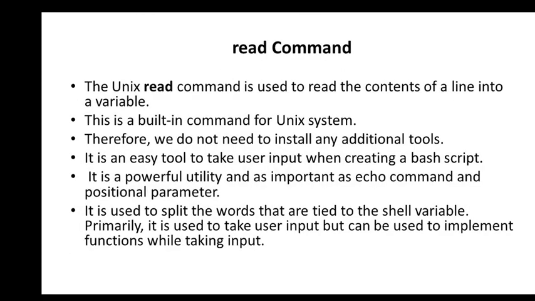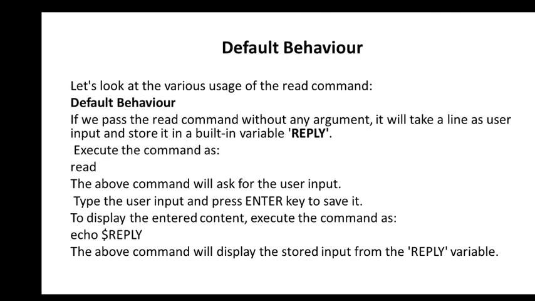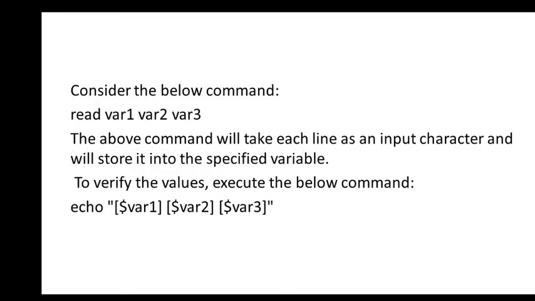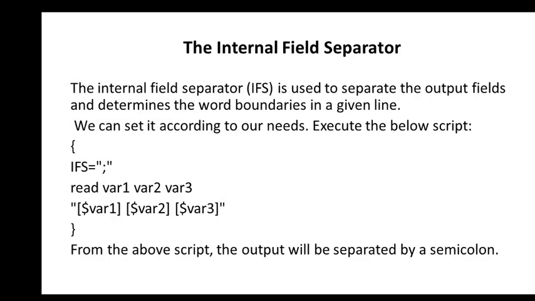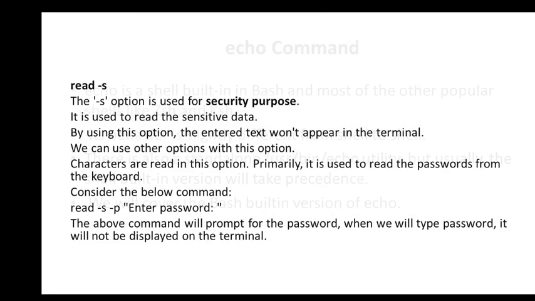This is about this session. In this session we discussed what a read command is, the syntax of the read command and its various usages, default behavior, storing values and the internal field separator, and options of the read command.